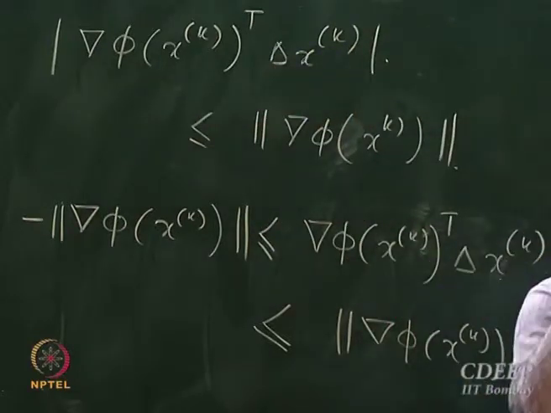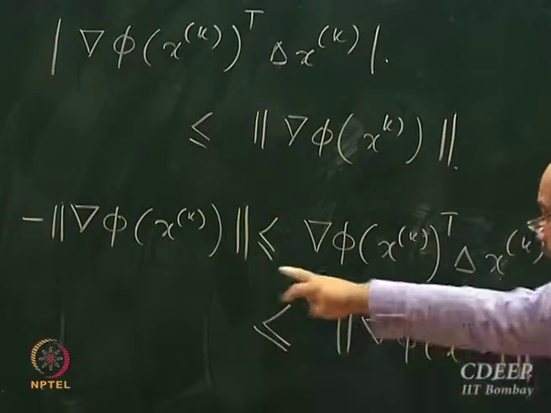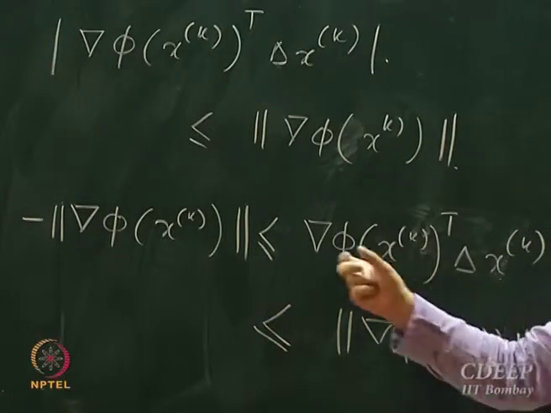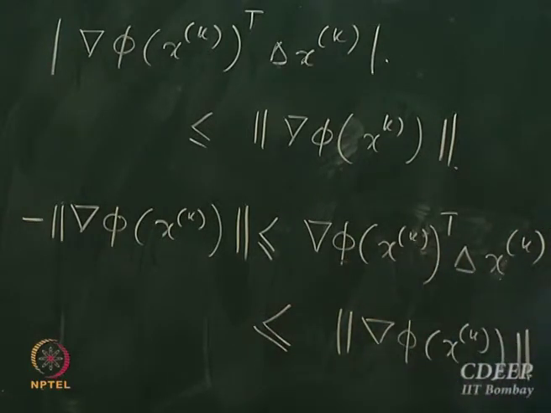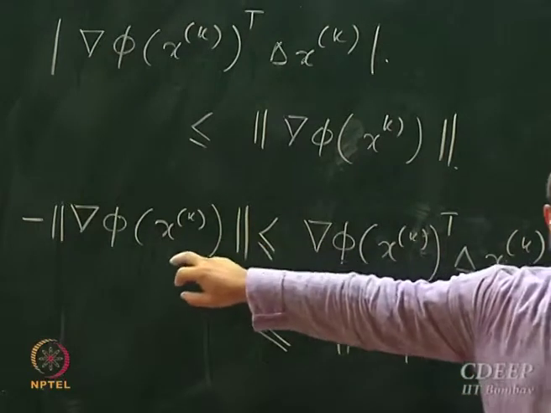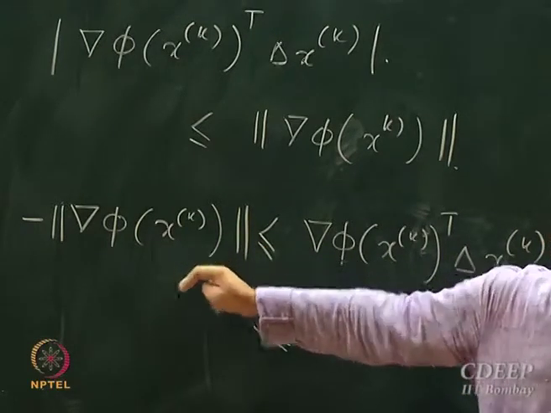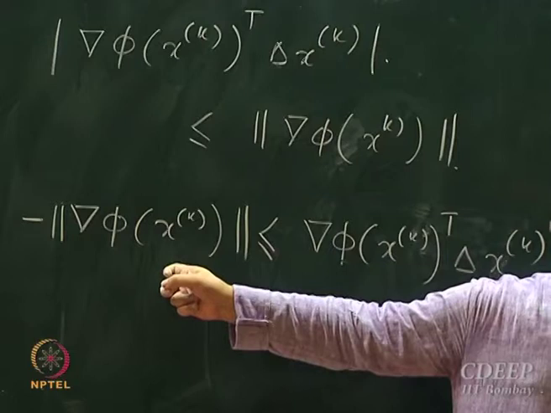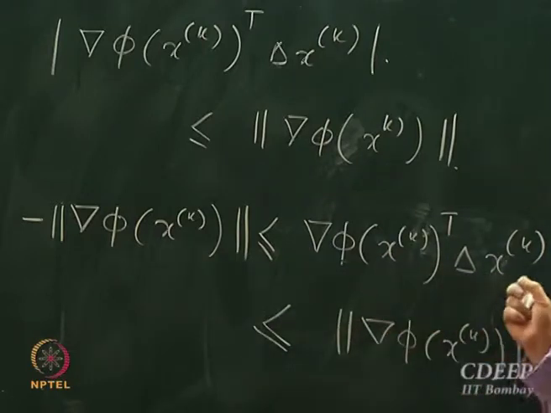So in a unit ball in the neighborhood of xk, I can say that this quantity is bounded between these two numbers. This is a positive number, this is a negative number. This quantity cannot be smaller than this. What is the smallest value this quantity can take?